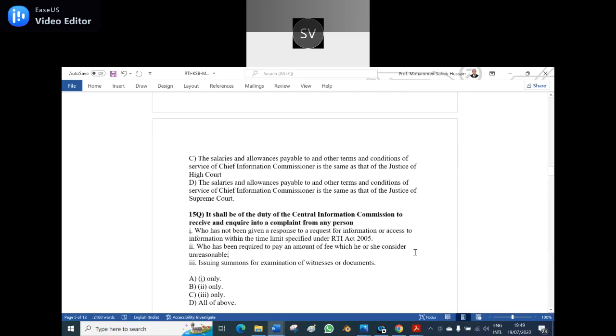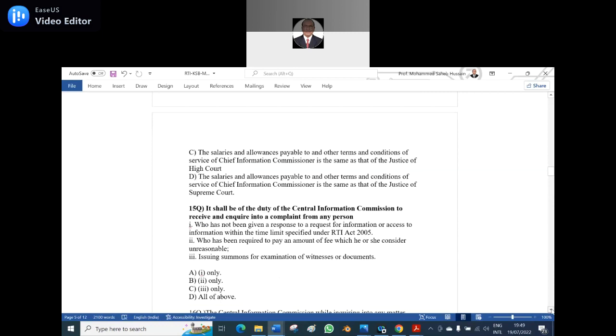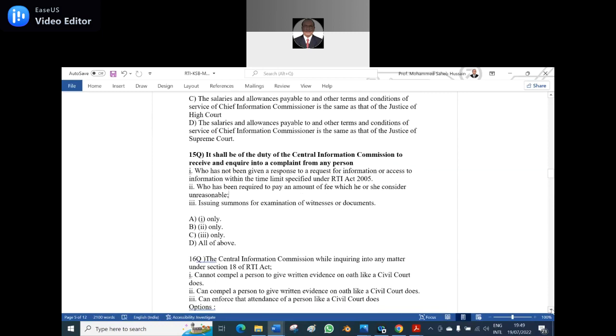Yes, Kolikonda, you can continue it from the 15th question. 15th question you dealt with, I believe. Yes, it shall be the duty of the Central Information Commission. Again, we have come to RTI.